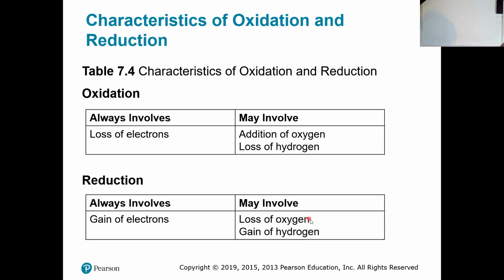So for reduction, instead of a gain of oxygen, you're going to have the loss of oxygen. For reduction, instead of losing hydrogen, you'd be gaining hydrogen. So if you don't have charges explicitly written in your reaction, you can also use these two things to tell you whether oxidation or reduction has likely occurred.